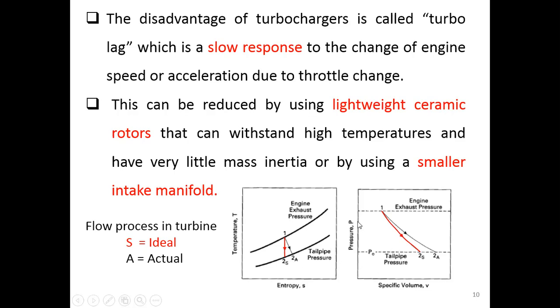It is the same when we look at the pressure and the specific volume. Due to expansion, the isentropic process gives you a smaller specific volume than the actual process, and the actual process gives you a higher specific volume.